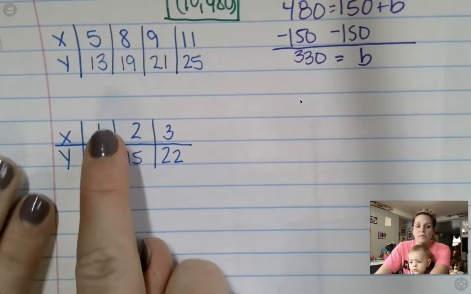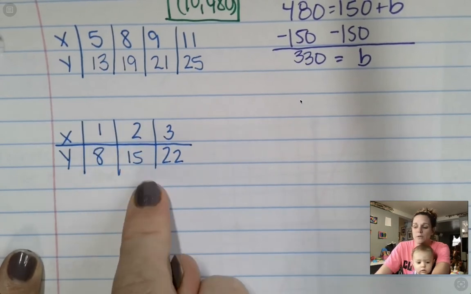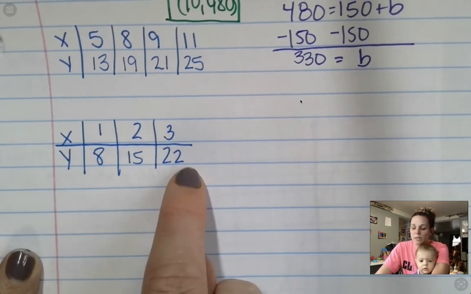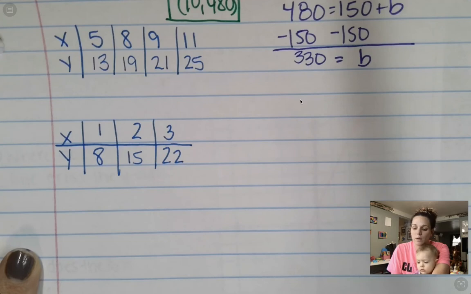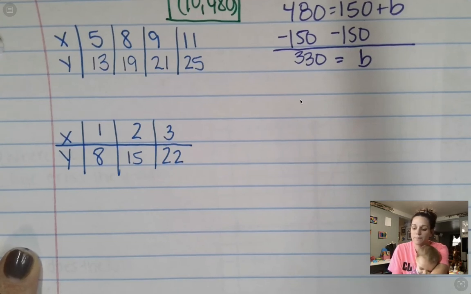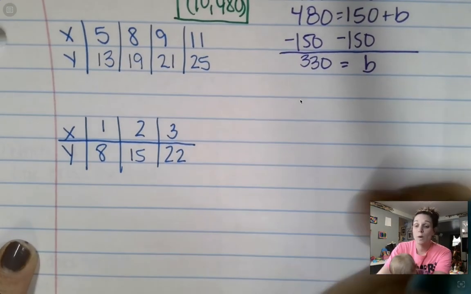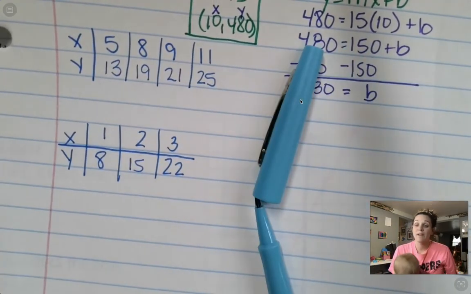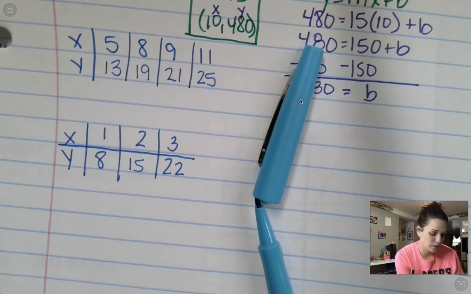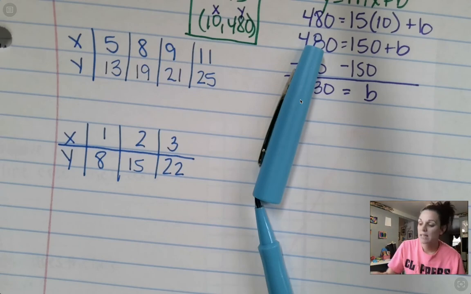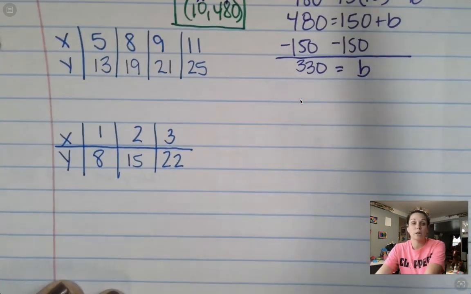All right, we have x over y, and we have 1, 8, 2, 15, and 3, 22. All right, so let's take it one step at a time. First thing we have to do is find the consistency. So we're going to go ahead and loop-d it.